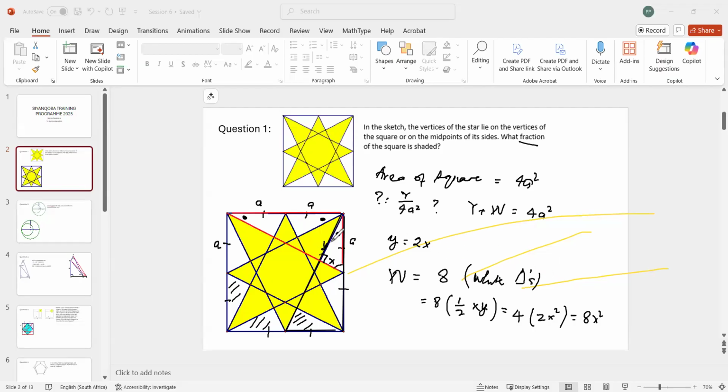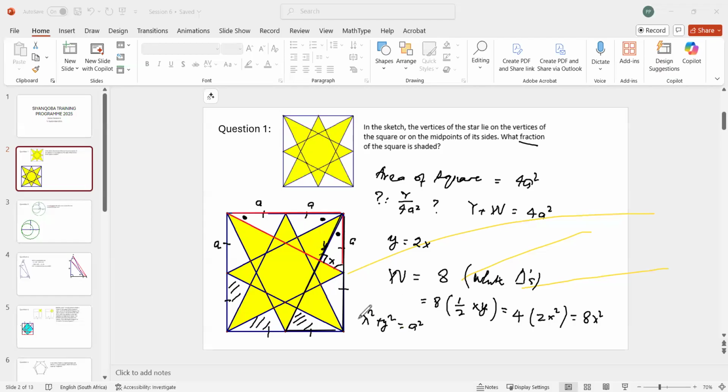But now, look, this is a right angle triangle. So we know that X squared plus Y squared is A squared. Right? And Y is 2X. So if Y is 2X, I don't have space. The Y is 2X. 2X all squared is 4X squared.